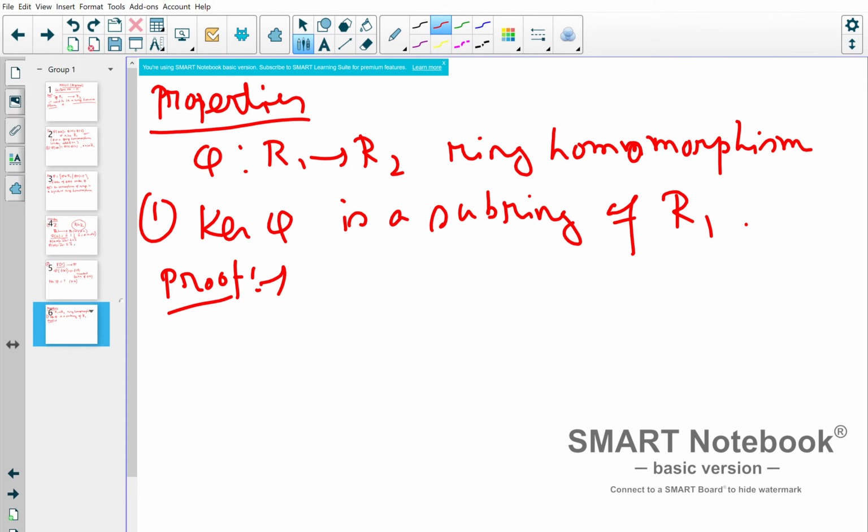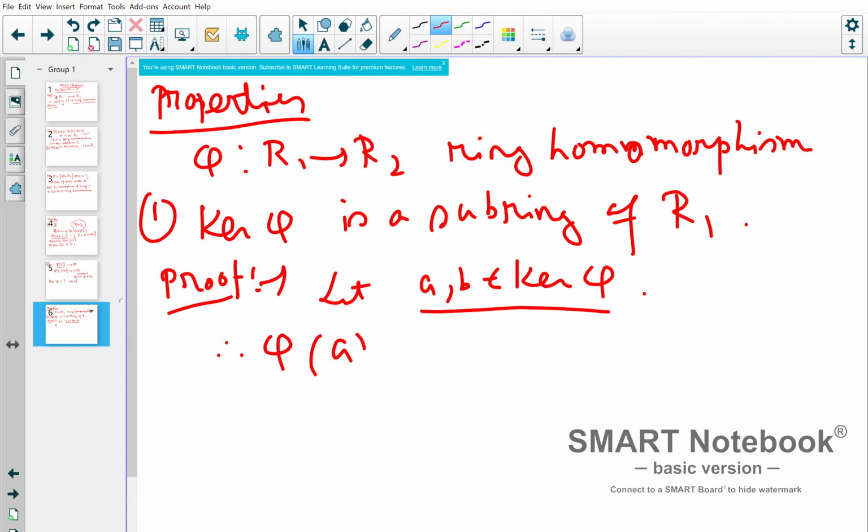You need to prove that if, say, a and b belong to the kernel, then a minus b belongs to the kernel and a times b also belongs to the kernel. So what does that mean? a and b belonging to the kernel means that phi of a is equal to 0, and phi of b is also equal to 0, right?